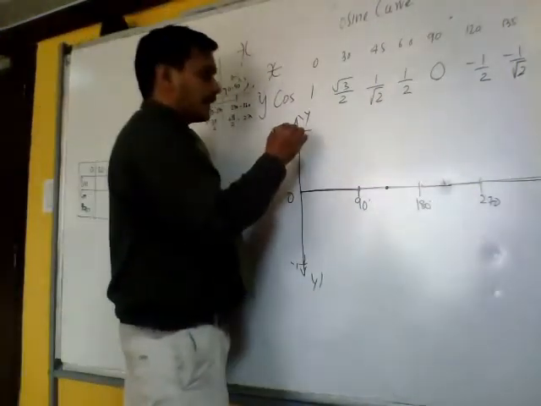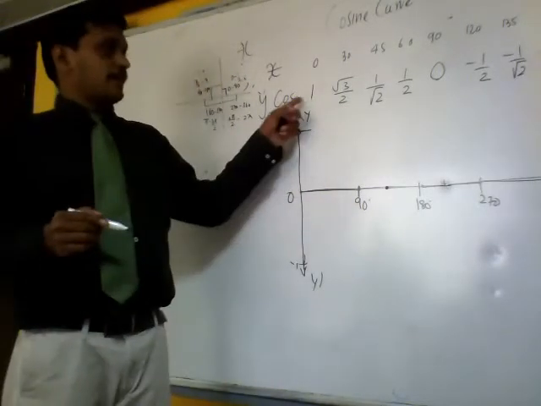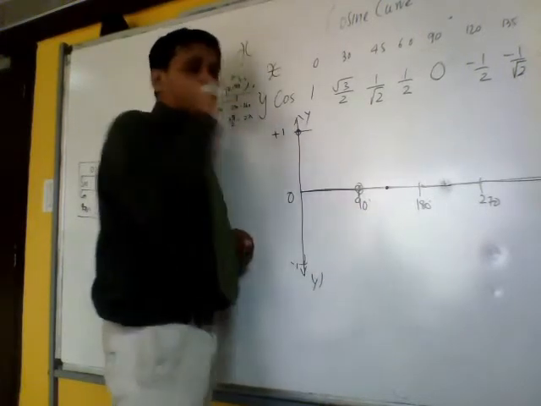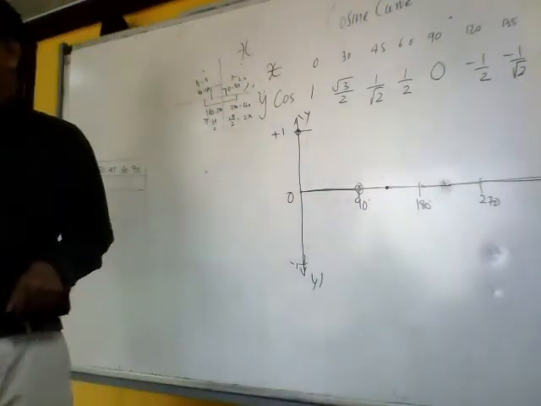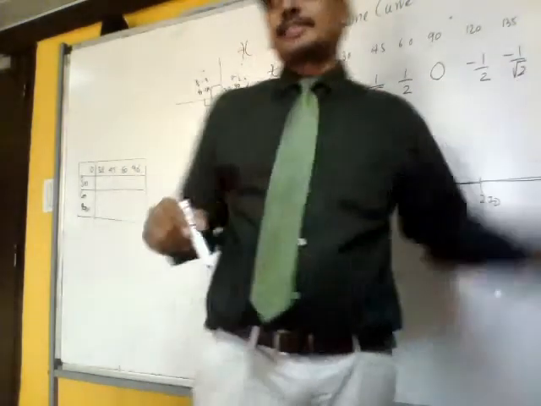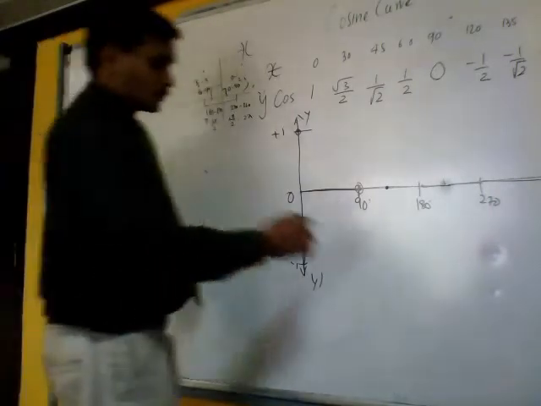Cos 0 is 1, which we are going to use in this tabular column. Now cos 90 is 0, which means it's coming down. It's coming down, then it goes further down. If you see carefully, till 180 it goes to the lowest level, which is minus 1.